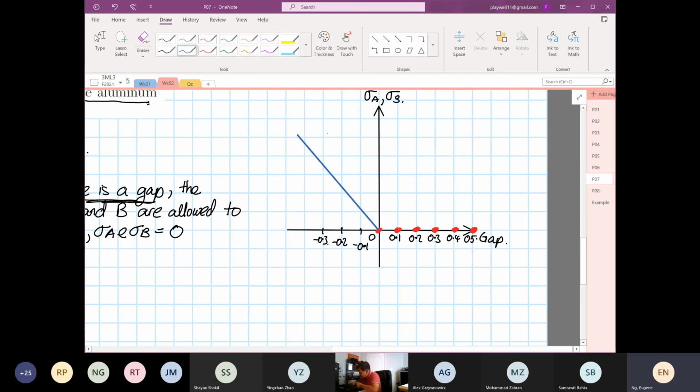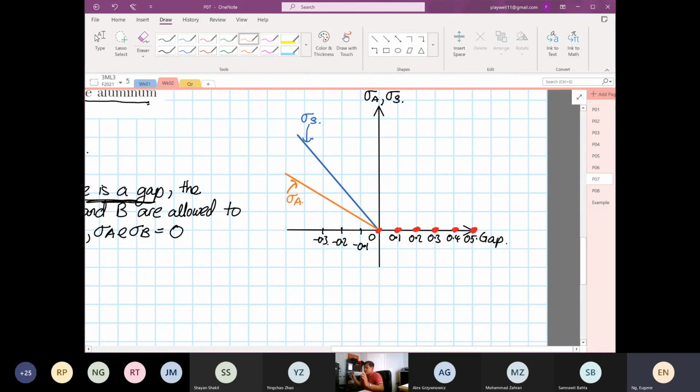This one will be the stresses for the steel, and the next one is the stresses of the aluminum.